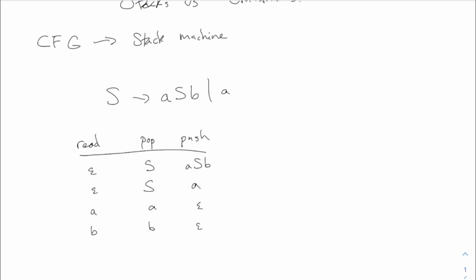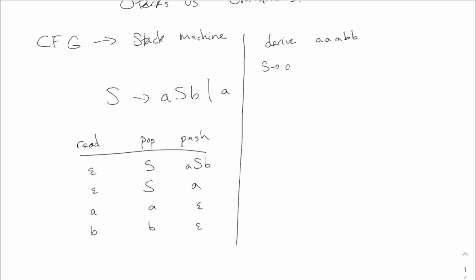And if you wanted to do a derivation on the stack machine for a particular string, you would first derive it using the grammar and then try to match those same steps on the stack machine. So, for example, let's derive AAABB. First I would do it on the grammar.